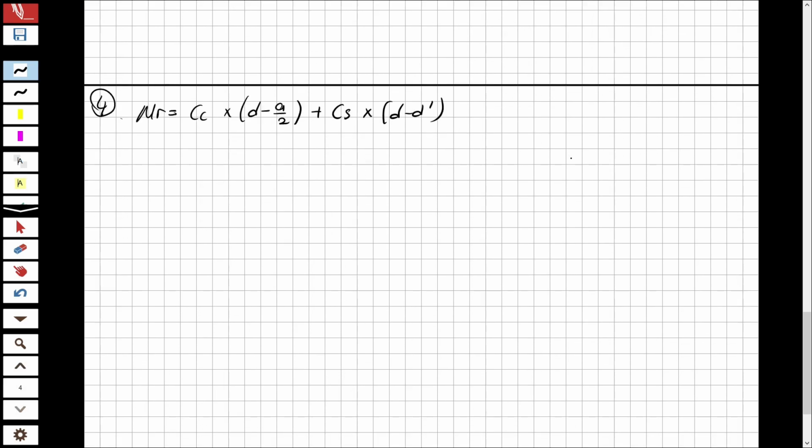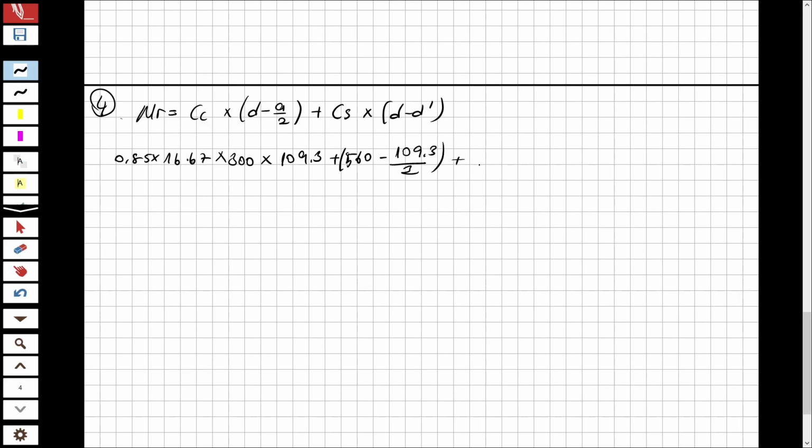So let's write the equation. 0.85 multiplied with fcd 16.67, the design strength of the concrete, multiplied by bw and multiplied with a. What is a? a is 109.3, okay? And plus, parenthesis, 560 minus 109.3 over 2, and plus Cs.